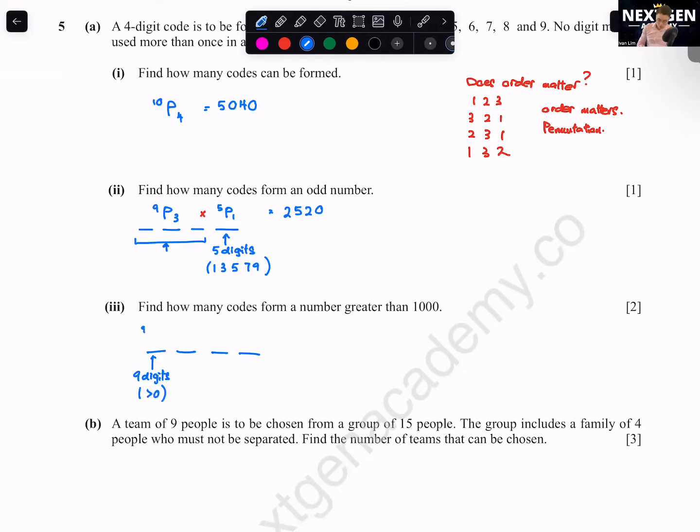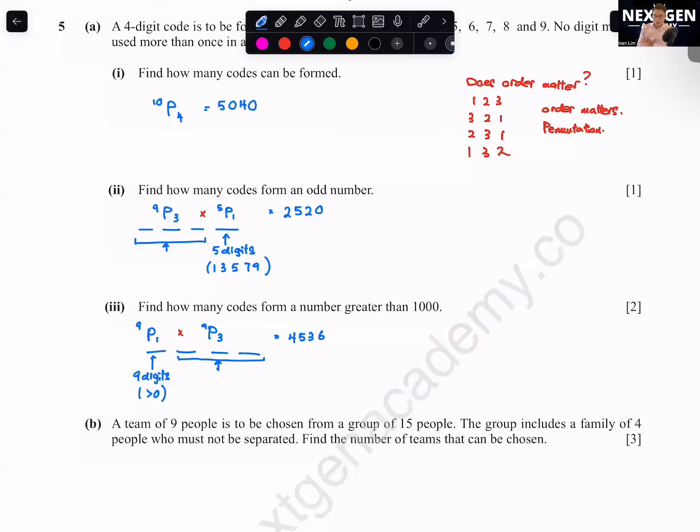After I use this 1 digit already, so 9, I choose 1, permute 1 inside here. Then here I still have how many more other digits that I can put? I used one of the 10 numbers, so I still have another 9 more. So here is 9P3. Then you multiply it, and you'll get 4536.